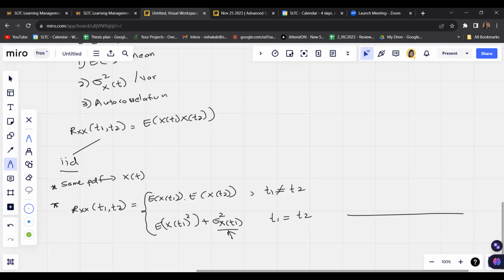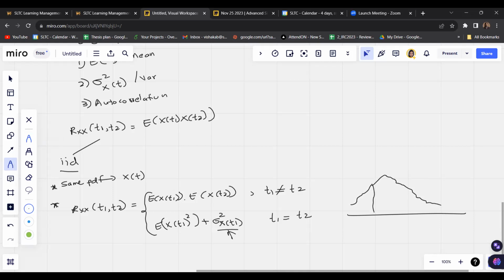So if we have a certain random signal which looks like this, and we are trying to analyze the correlation between two time instances, the highest similarity will occur at the same place. It is a very random signal.